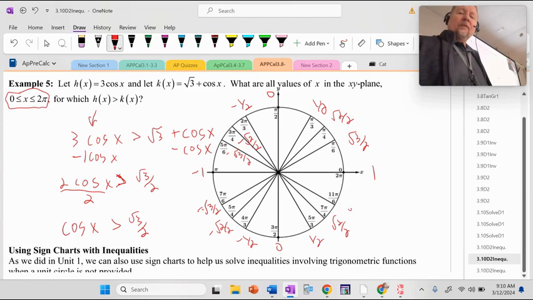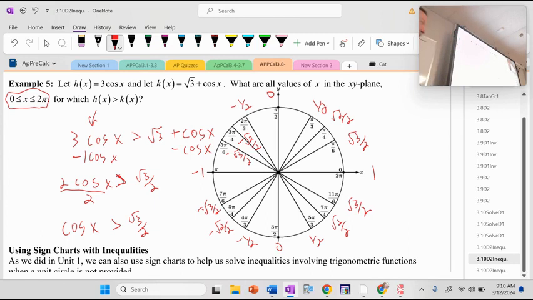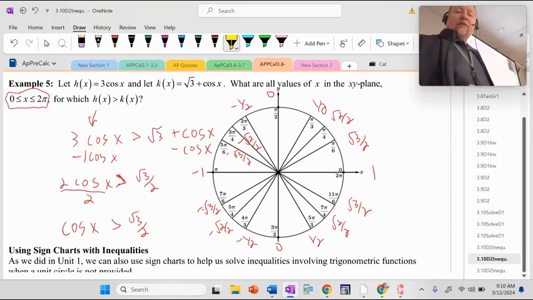All right, so just real quick again, cosine greater than root 3 over 2 is exactly what I just filled in the last one. This is where this gets a little rough. Greater than root 3 over 2 is this interval from here to here, right? And I'm going to include those, but I'm going to put what on the answer? Parentheses.